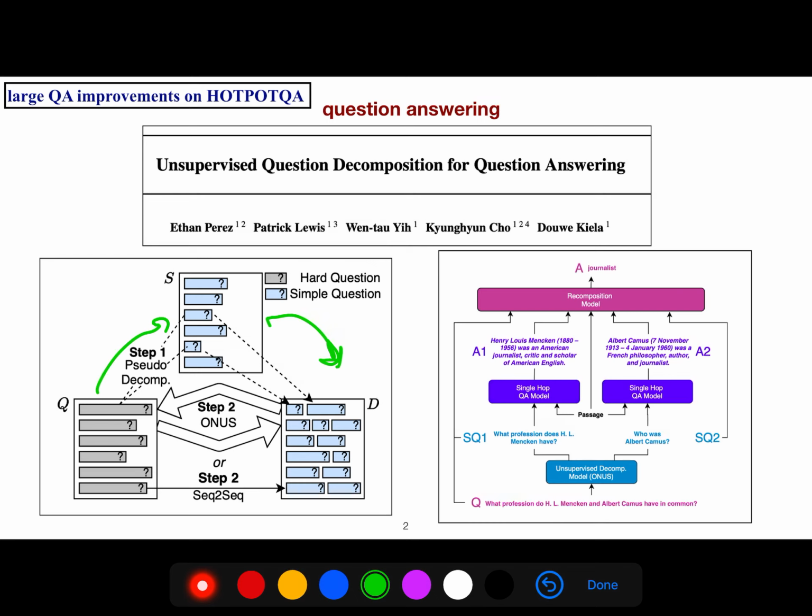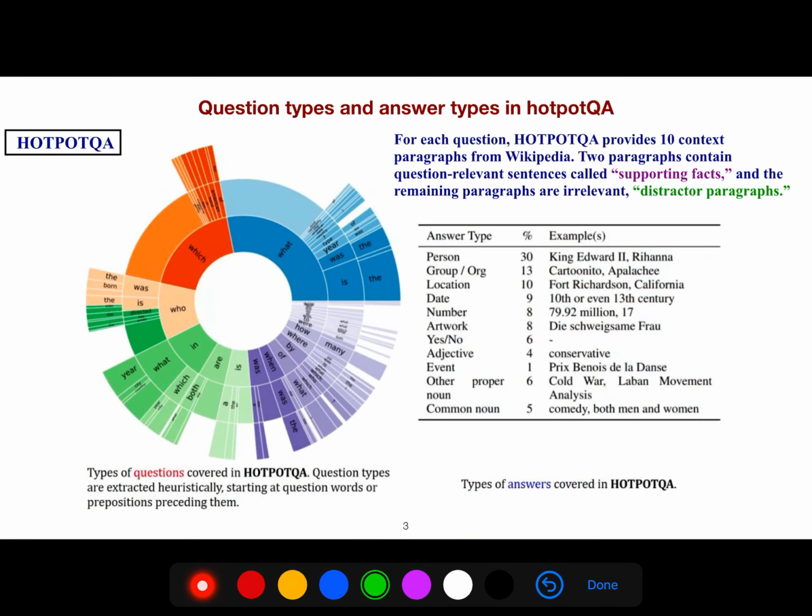They propose two algorithms, ONUS and sequence to sequence, and you could do it either with ONUS or sequence to sequence. And finally, after you decompose your question into a set of questions, you answer them and then you recompose, and you get the final answer of the original question.